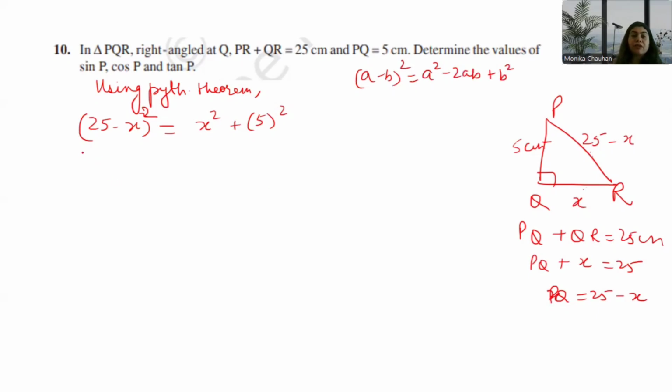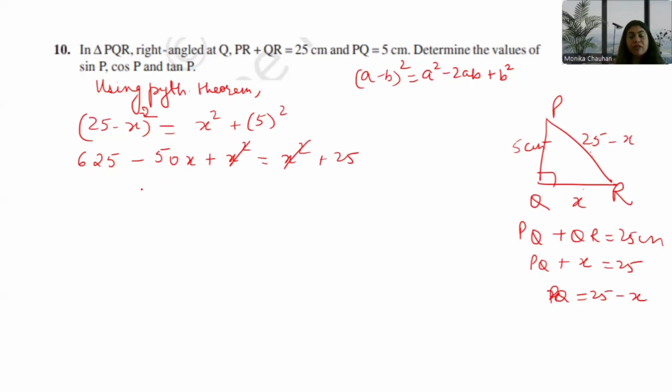So what is a square? Which is 25. It's a square be 625. Minus 2ab. Minus 2 into 25 is 50. So minus 50x plus x square. And this becomes x square plus 25. Okay. So what did you get over here? So x square and x square can be cancelled because both sides it's same.